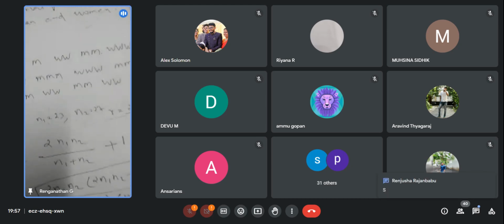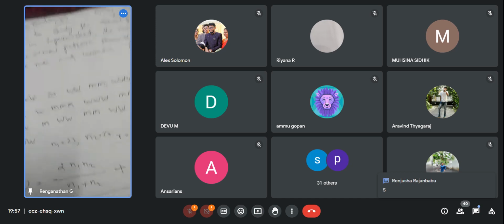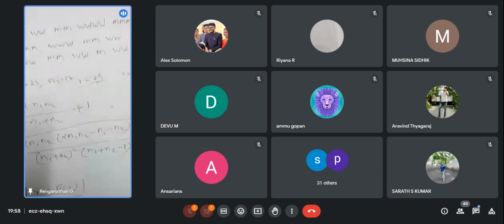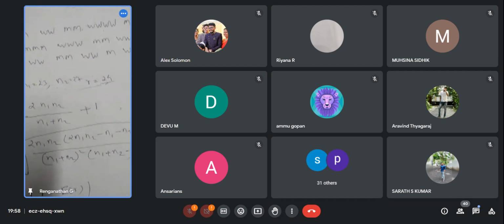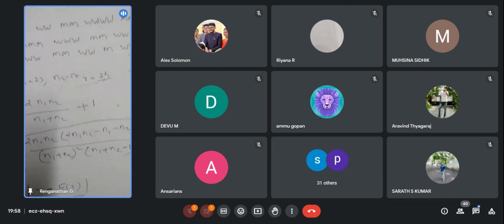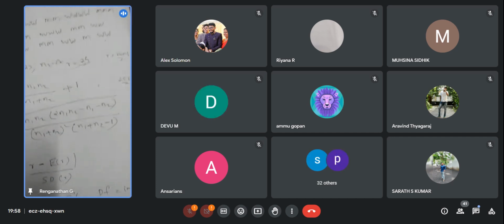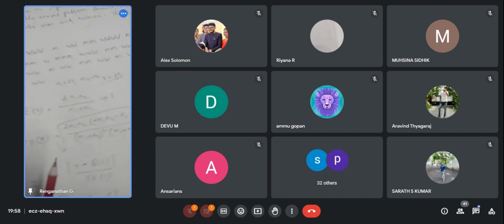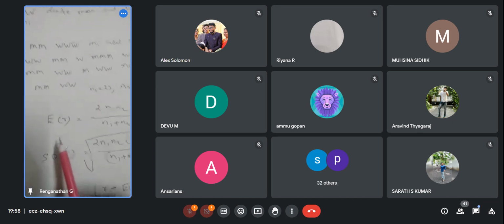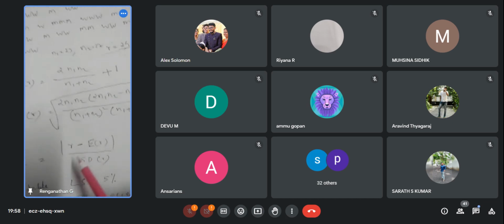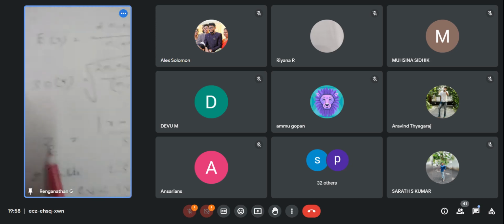Actually, the Z test is used here. We have to use the Z test to test the hypothesis, and the formula used to find the value of Z is stated here. Look here.